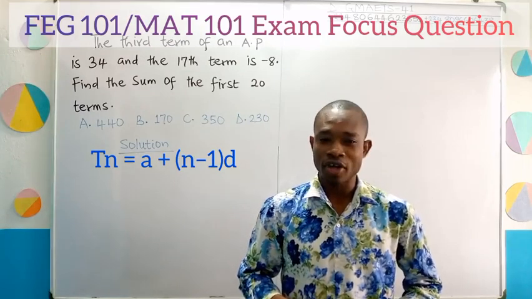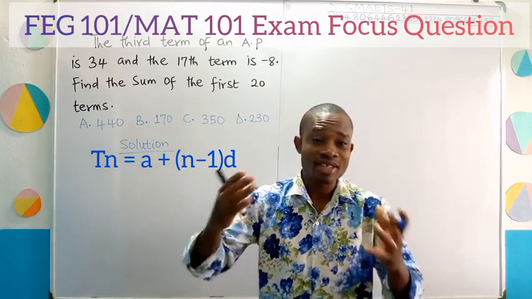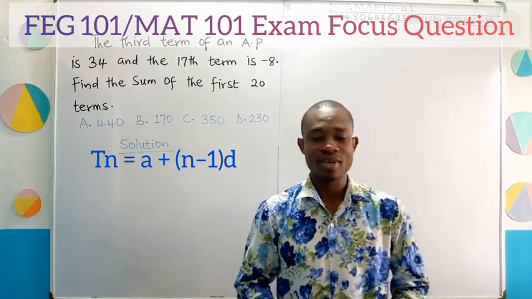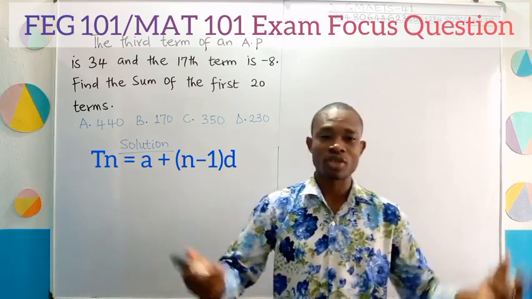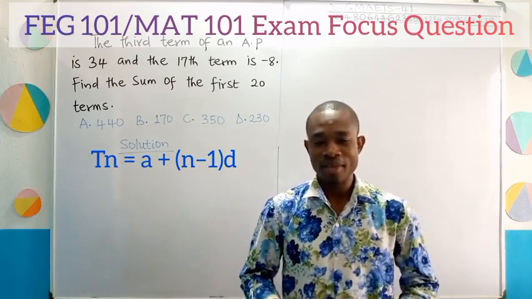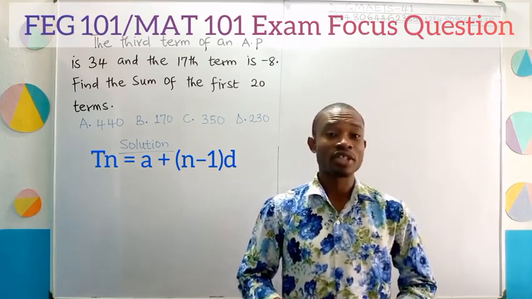One can also go further to obtain the sum of the first n terms of that sequence. So maybe the first 5 terms, the first 7 terms, the first 20 terms, as the case might be. How do you obtain the sum of an arithmetic progression?